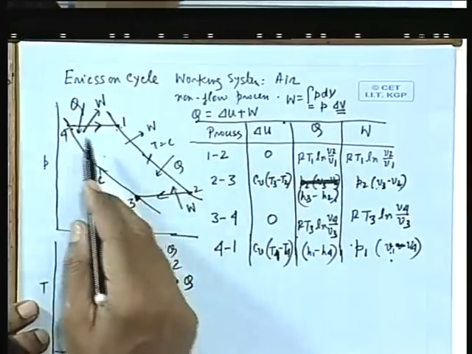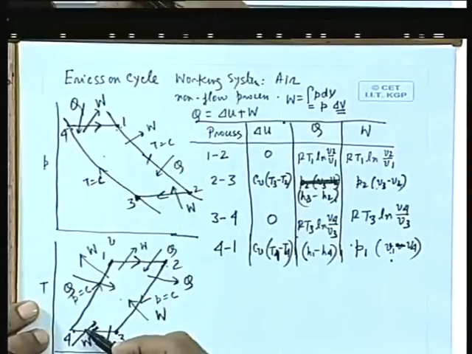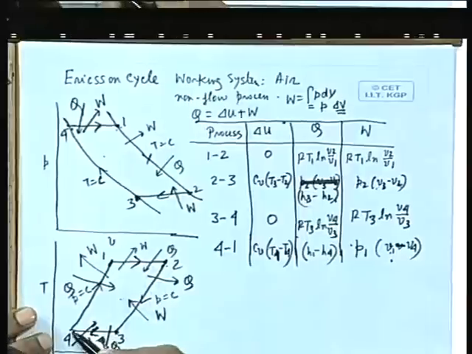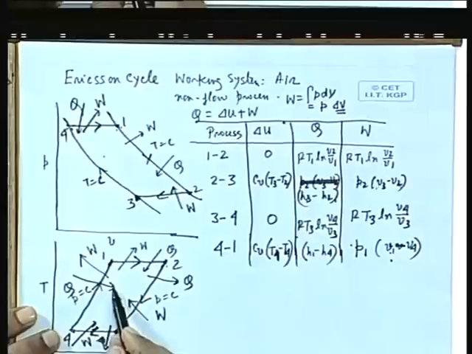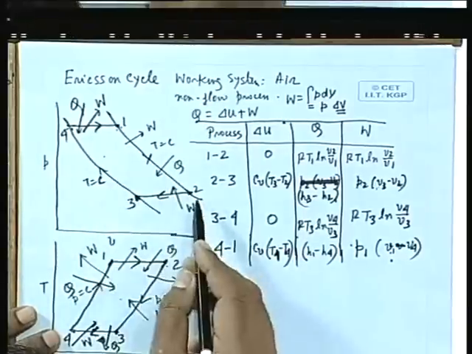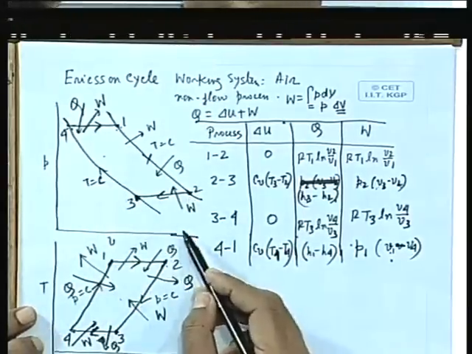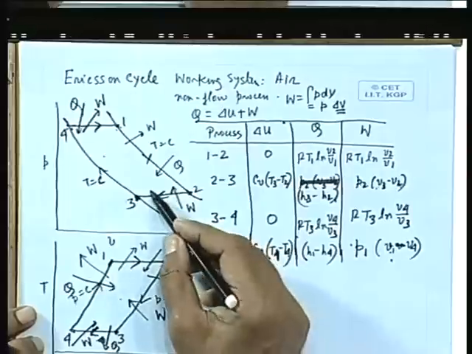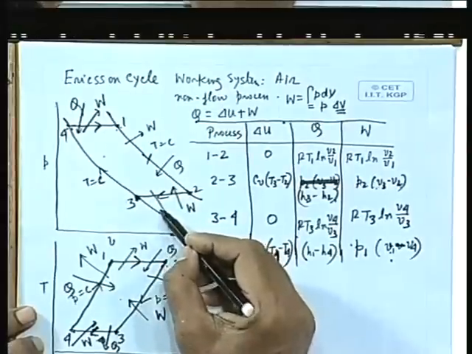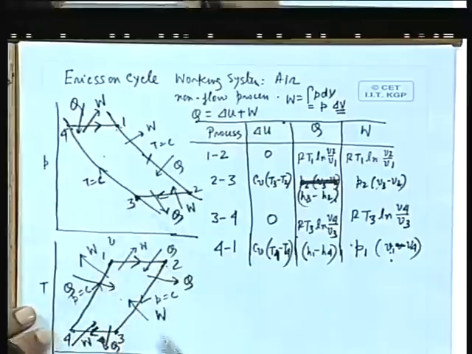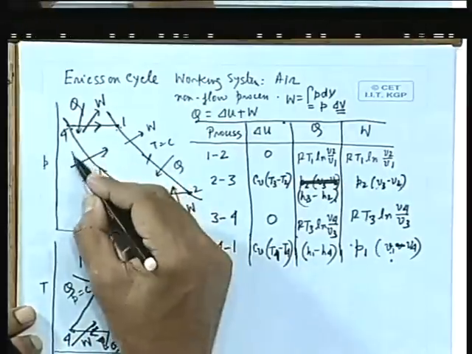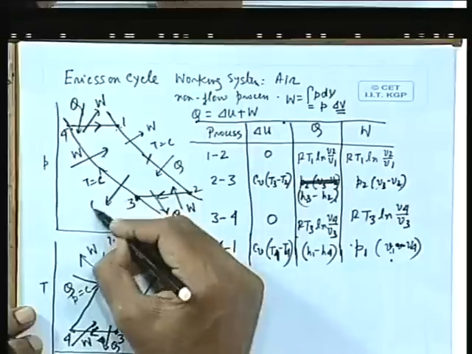For 2-3, work is going in and heat is coming out, and for 3-4, work is given in and heat is coming out.